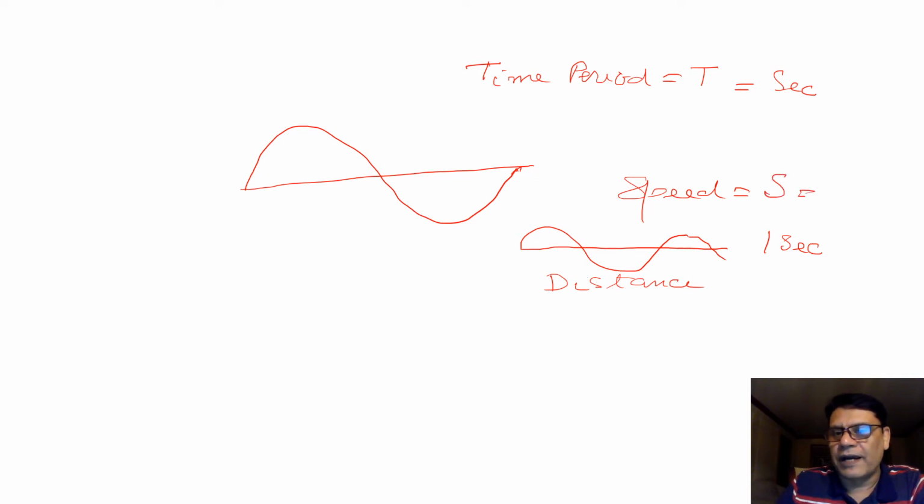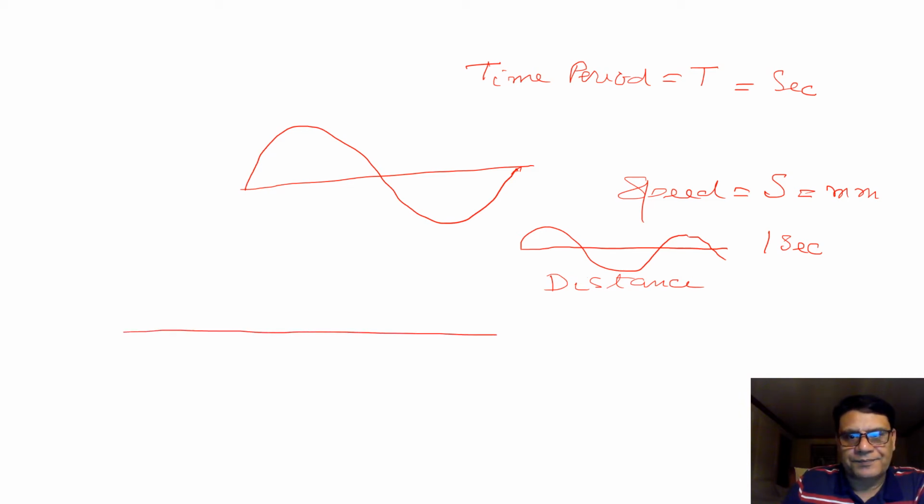It is denoted by S, and the units are the same as those of wavelength: millimeter, centimeter, etc. But if we add direction to speed, this is called velocity.